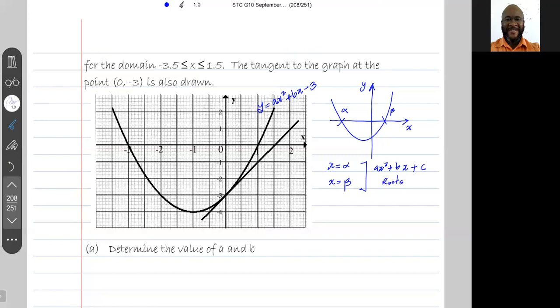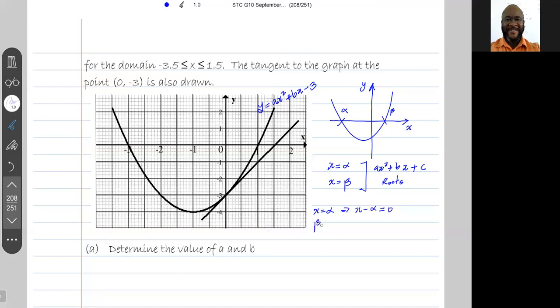Now, from the roots, I can get the factors of the quadratic expression. To get the factors, x is equal to alpha, therefore x minus alpha is equal to 0.